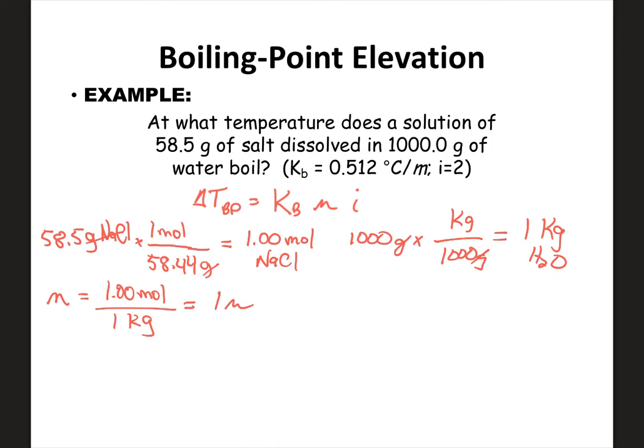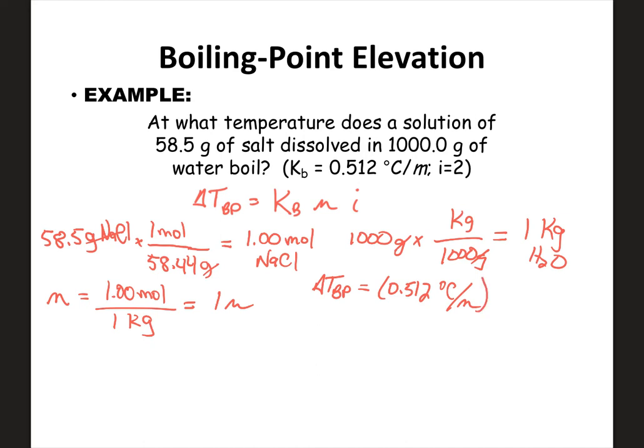So now we're ready to plug in. This change in temperature of the boiling point is what we're going to be solving for in the equation. They gave me the value of Kb, 0.512 degrees Celsius per molality. All right, I know it's weird units, but that's the only way we get the molality units canceling so we can get degrees Celsius here for our change in temperature.